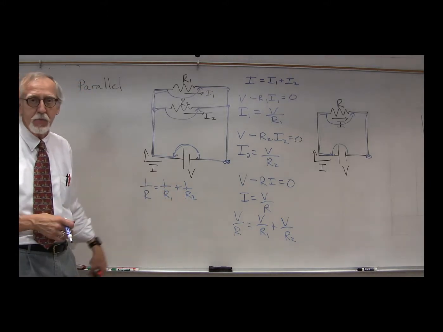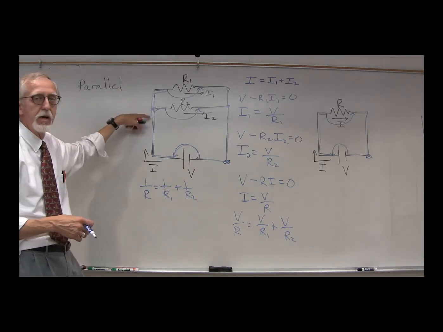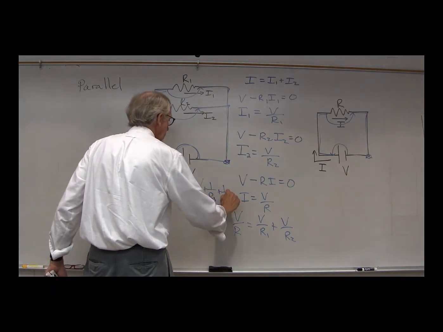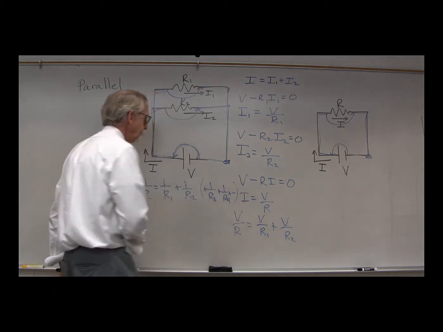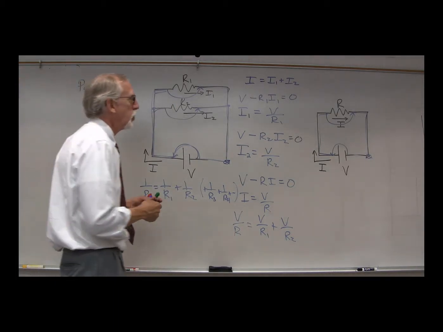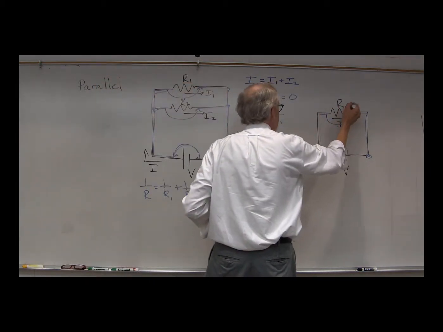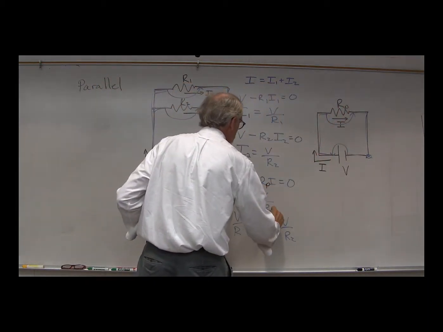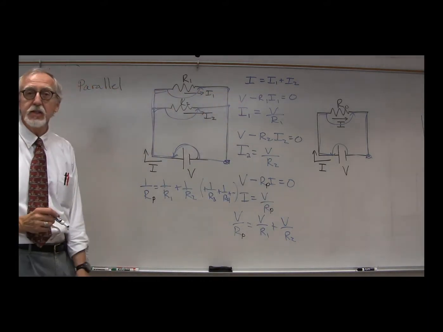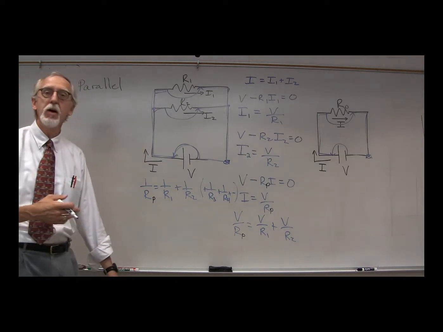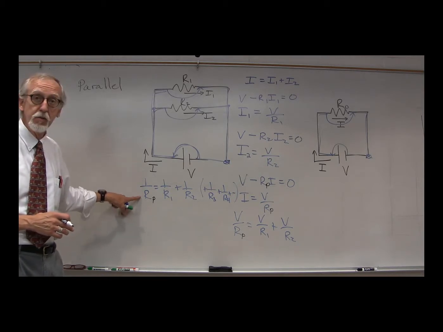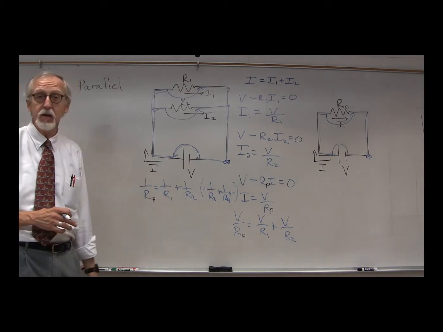And actually, you can imagine if you put in more resistors in here, R3, R4, R5, whatever, you could add in plus 1 over R3 plus 1 over R4, etc. Now, this equivalent resistance for resistors in parallel, we will call R sub P. So this would be R sub P, the equivalent resistance of two or more resistors in parallel, we find by finding that the inverse of the resistance is equal to the sum of the inverses.